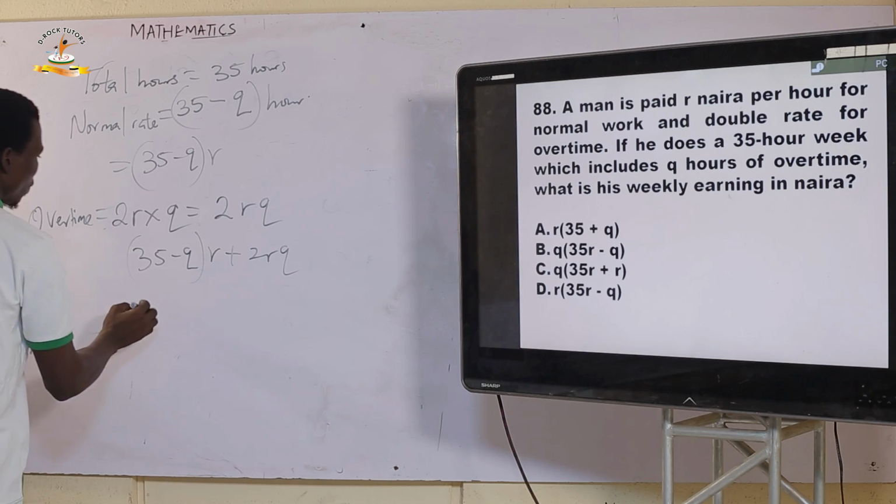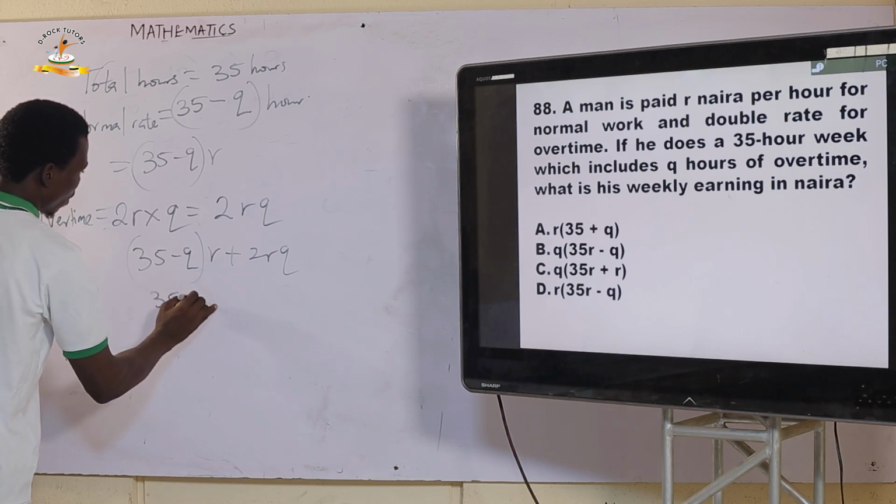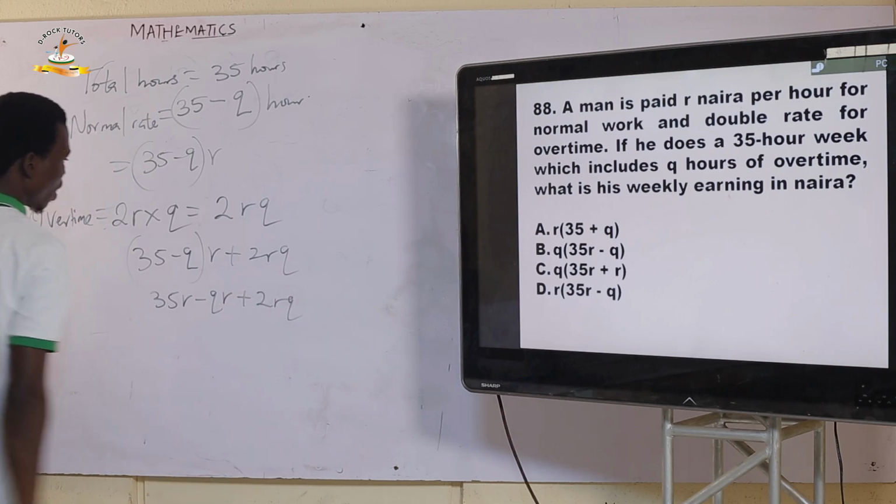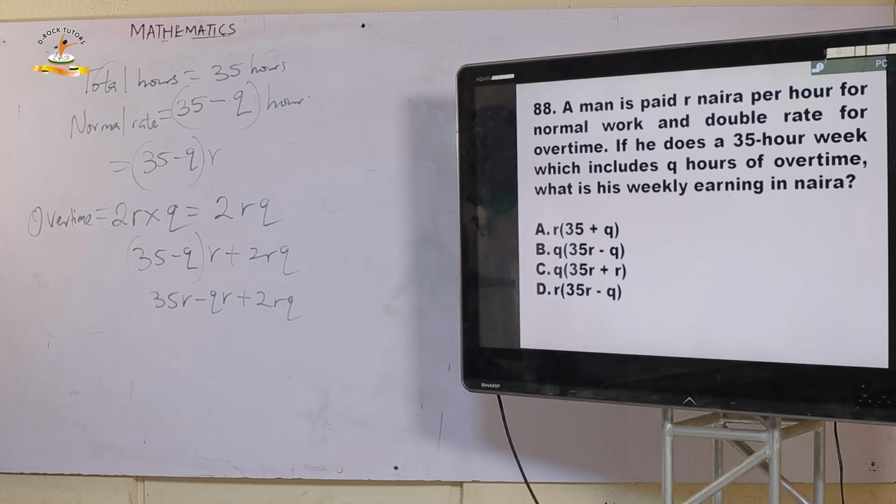You can open this bracket and factorize again. It means 35R minus QR plus 2RQ. Something is common.